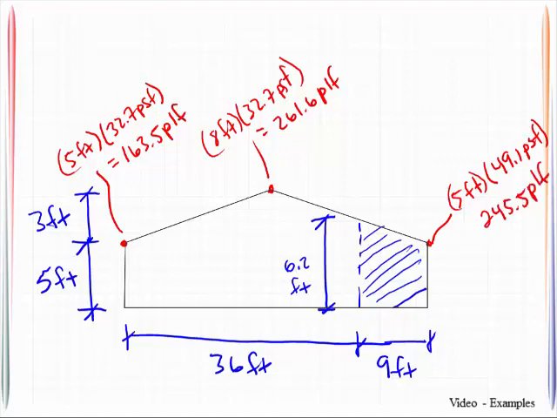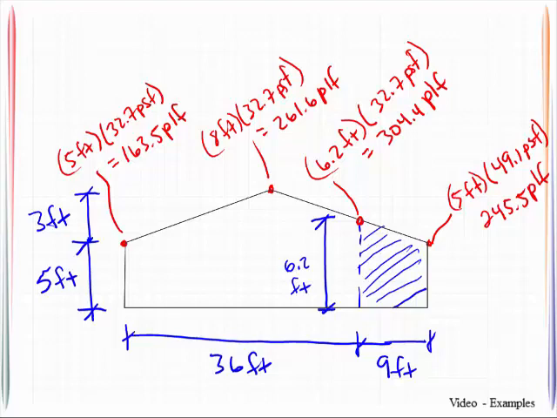Now this location is the one that's a little bit tricky because just to the left of that line it has a pressure of 32.7 PSF, and just to the right has a pressure of 49.1. So we will go ahead and treat those separately here. Let me get the one just to the left. 6.2 feet tributary height times 32.7 PSF gives us 202.7 PLF.